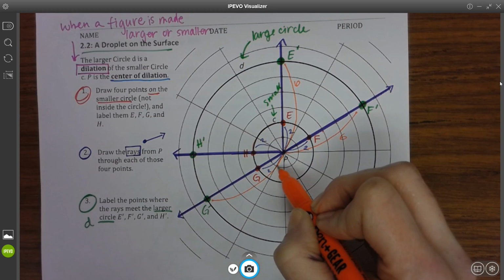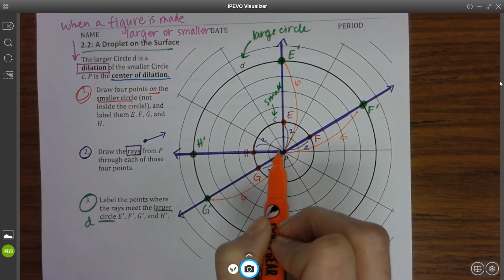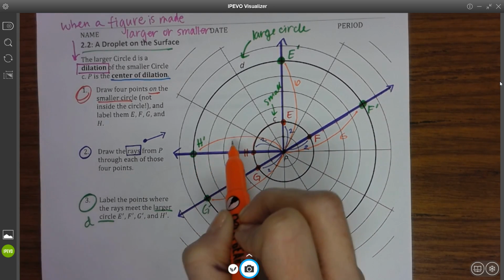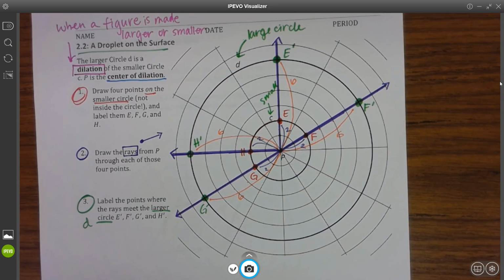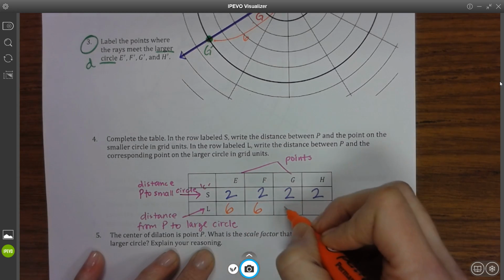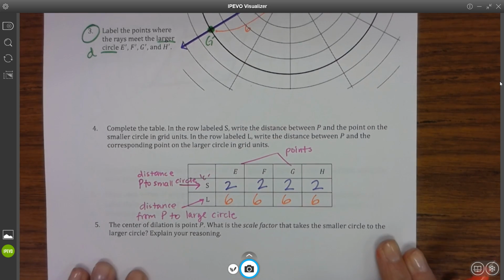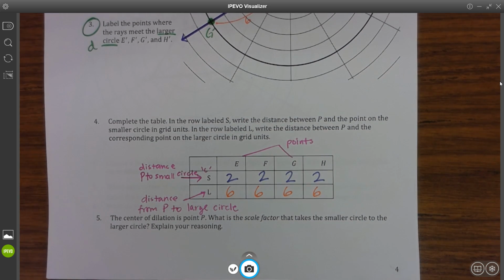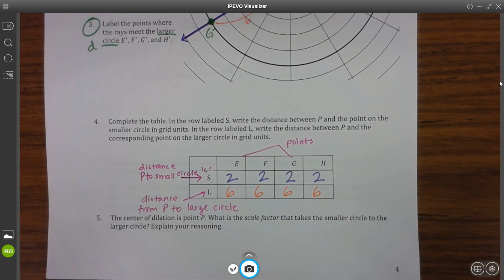And guess what? For H, it's also 6. So on my table, our distance from the center P to the small circle is always going to be 2 units. The distance from P to the large circle is always going to be 6 units.